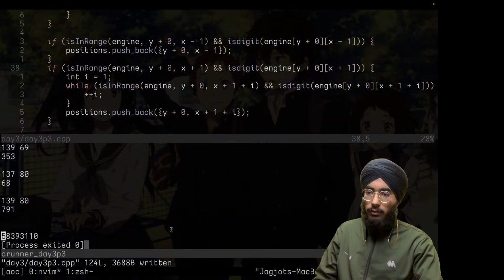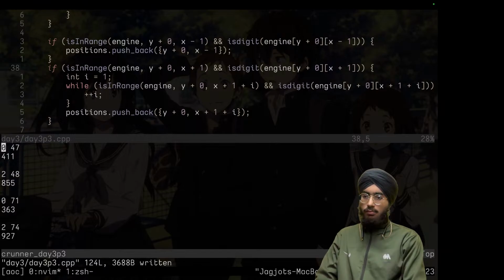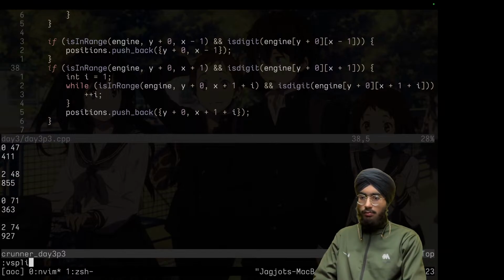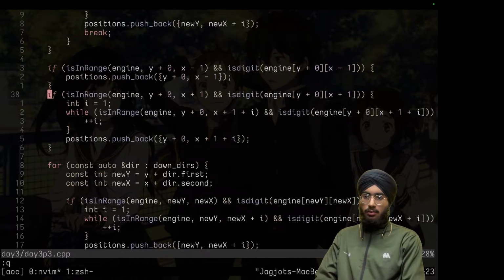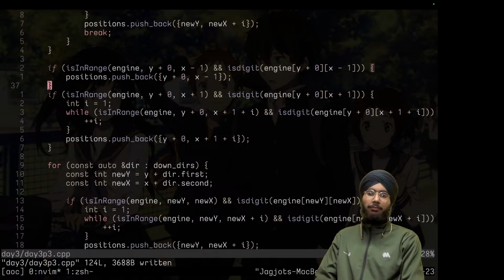Answer is too low. And this digit is in range.